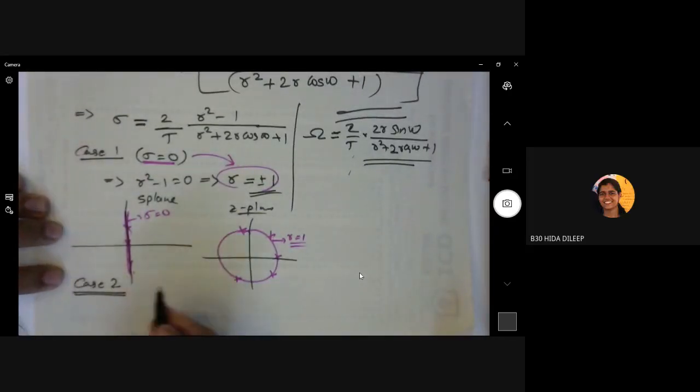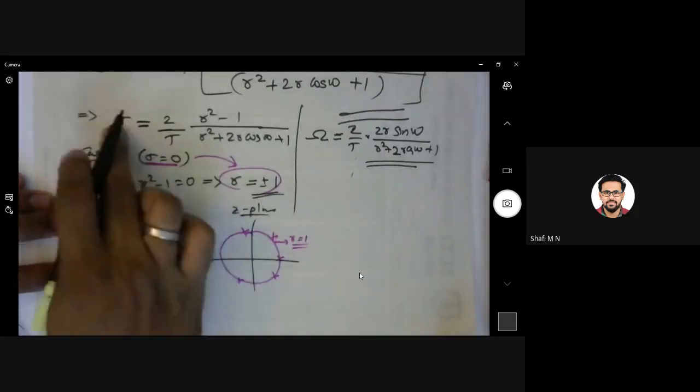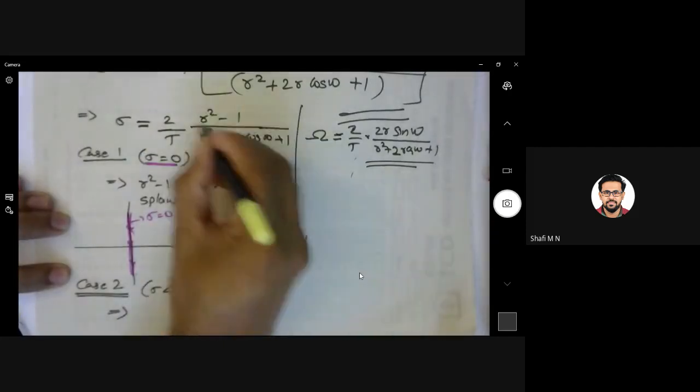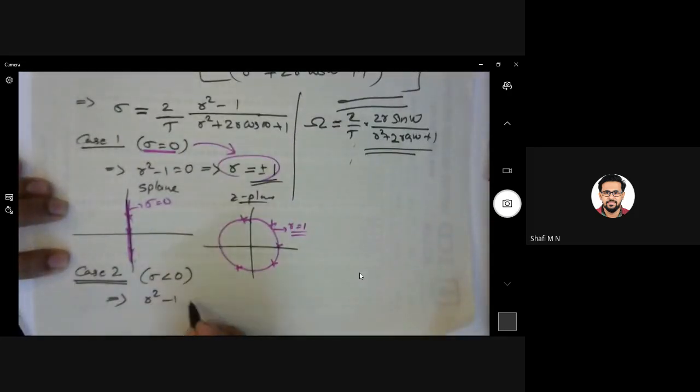Sigma less than 0. Now let's try that condition, which implies for the above equation, when sigma is less than 0, r square minus 1 is negative, right? R square minus 1 is less than 0, which implies that r square is less than 1. Therefore, you can say that r is less than 1.